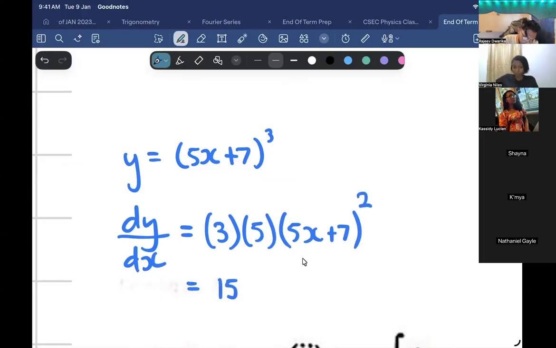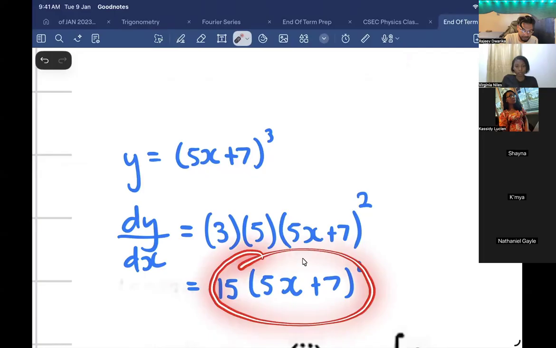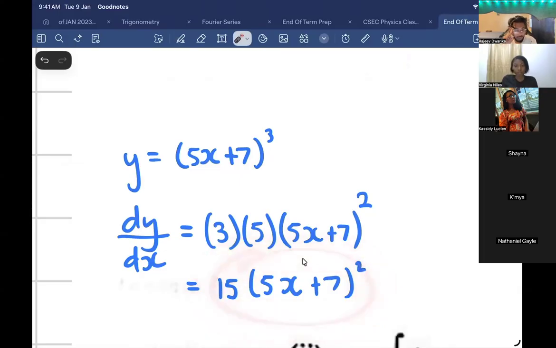3 by 5 is 15. 15 by 5x plus 7 squared. Now that is differentiation. Now, if we were to integrate this, what are we supposed to get back? If I integrate dy dx, 5x plus 7 to the power 3. So here's how I want you to think.